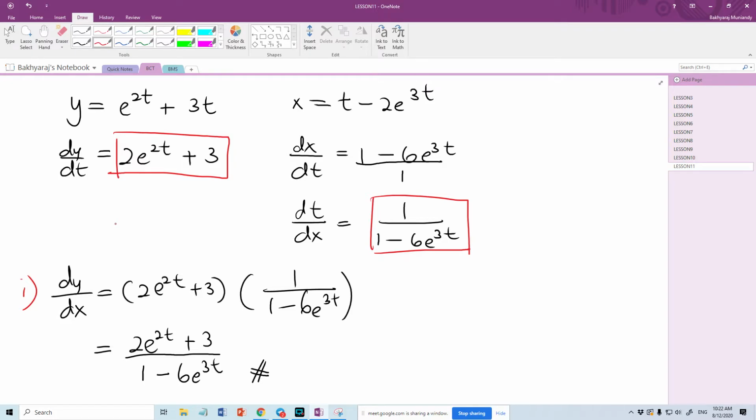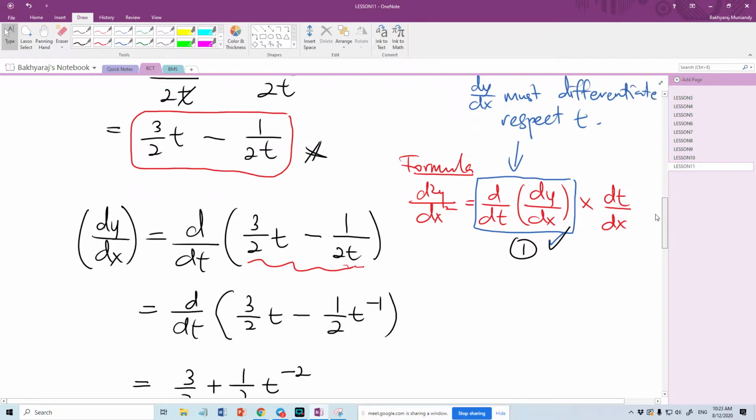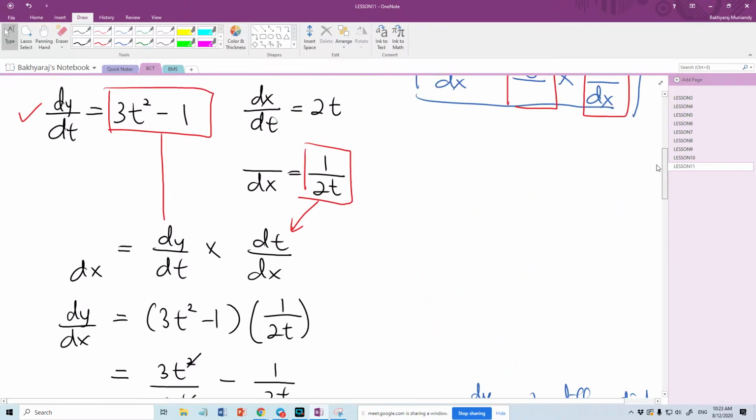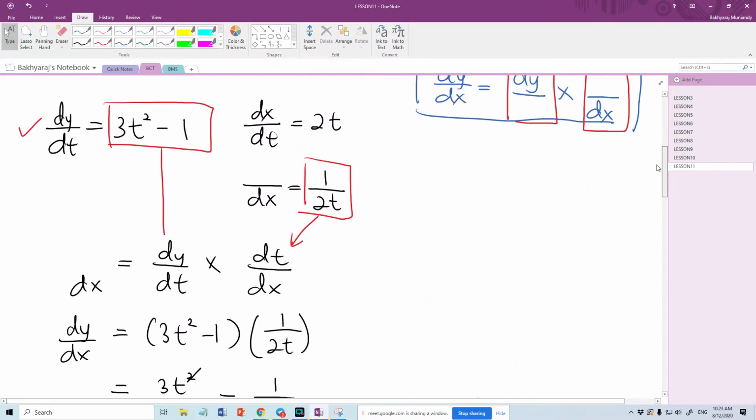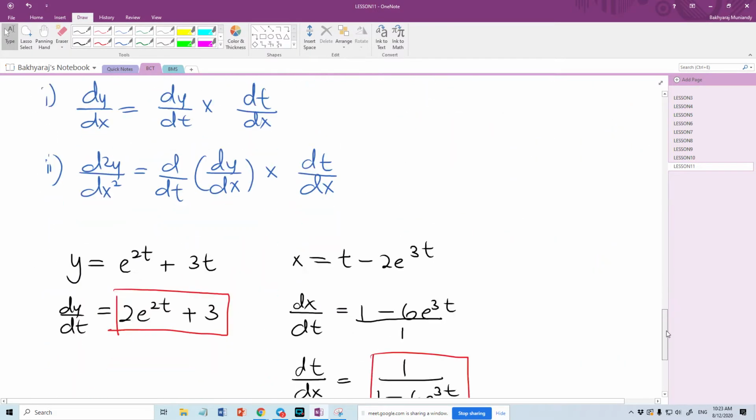Pecah dua maksudnya macam mana tu? Okay, saya bagi balik Roman 1. Asingkan macam ni, 1 over 2t, betul?